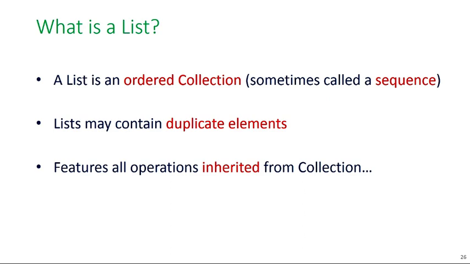A list can contain duplicate elements, so that distinguishes it also from set. The characteristic of a set is that you can have an element only one time. And for maps, you can have only the same key one time. So you store key values. If you have twice the same key, then you override. Do not confuse trying to insert twice the same key in a map with actually having a key collision.